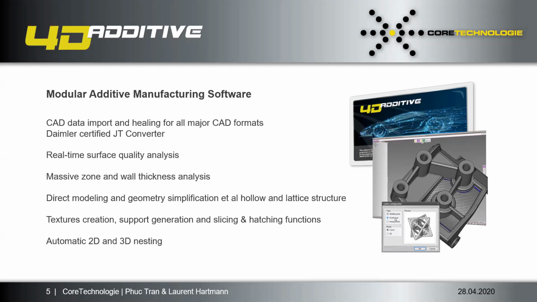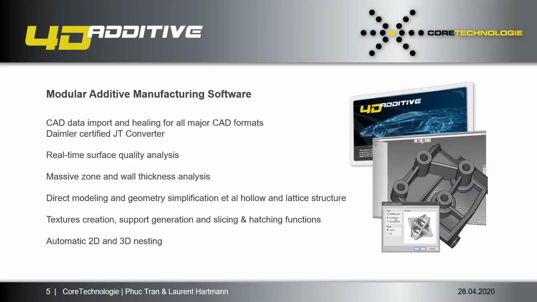You will be able to read CATIA files, NX, and so on, and you can do real-time surface quality analysis to keep your best quality result in the end. You can do analysis functions like massive zones and wall thickness due to the technology of the machine. Additionally, you can modify geometries, do direct modeling, and do geometry simplifications like hollowing and creating lattice structures to keep the strength of the models.